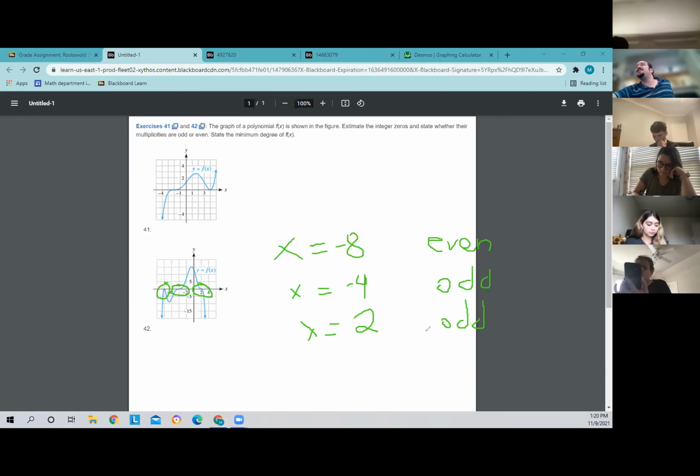And so 2 + 3 + 3, 6, 7, 8. I think that's still it. So that would probably be a minimum degree of 8 to get that thing. Questions about this? I know I went through that one pretty quick.